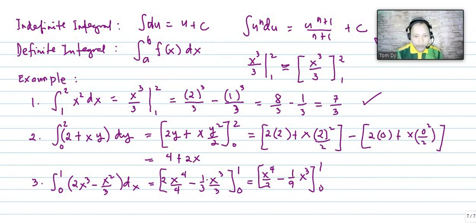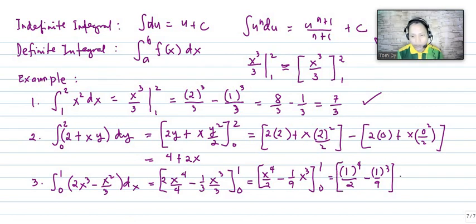When we solve this one, substitute the upper limit, which is 1 to the fourth over 2, minus 1 over 9 times x cubed, with 1 raised to 3. Upper limit minus lower limit, 0.